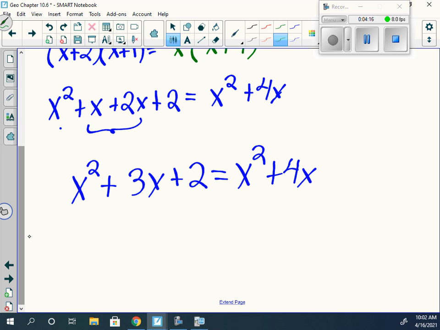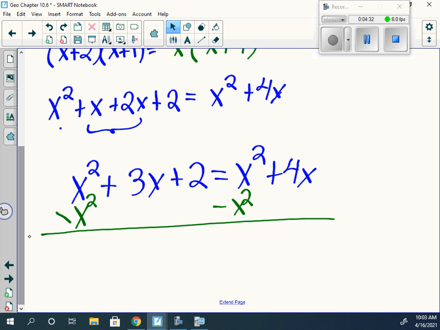Now, because we do have higher degree polynomials, we have x squared, x to a power greater than 1, we want to get those on the same side. So what I'm going to do is move this x squared over to the other side by subtracting x squared from both sides. And it works out that both of these will cancel out completely.